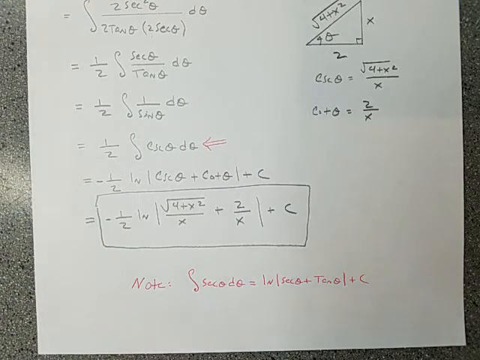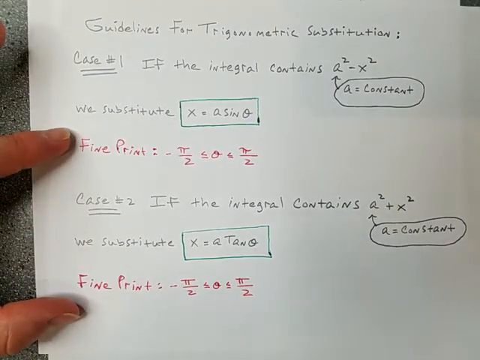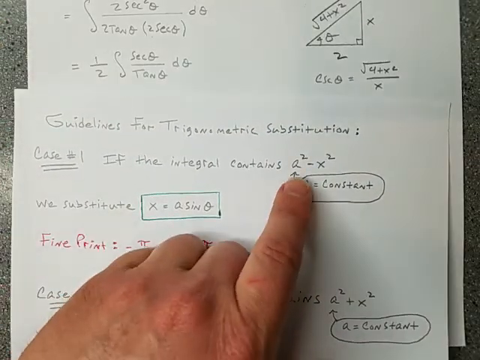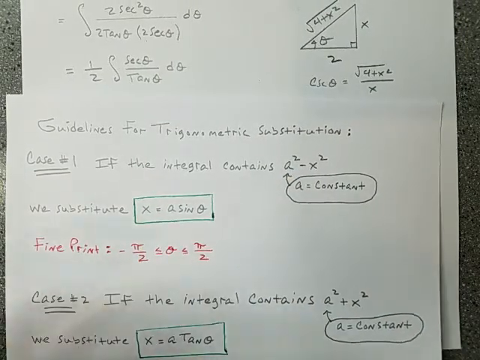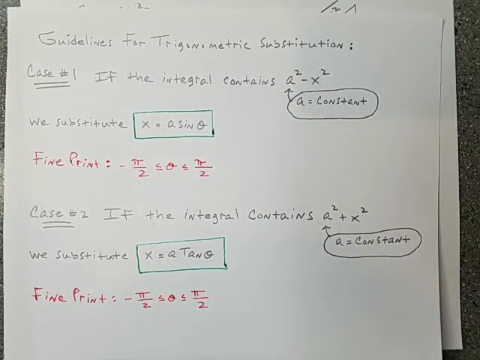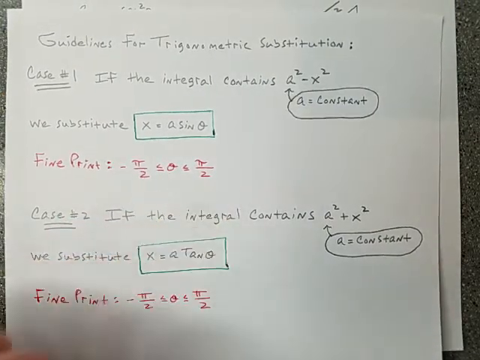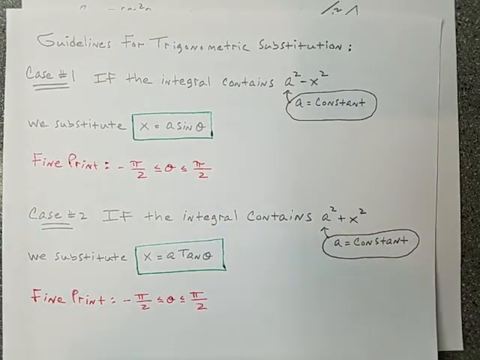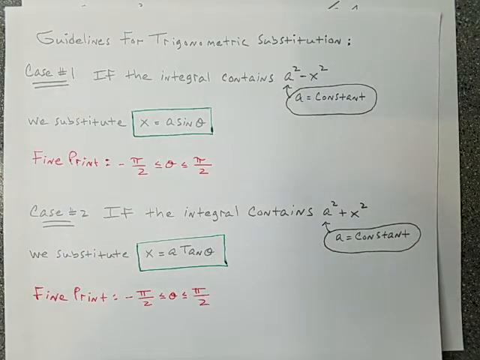And also, let's do one more thing. I didn't talk about the fine print. I just put the nature of the starting point and the substitution, and that's all I've talked about. I need to talk about the fine print a little bit. We have the fine print that we restrict the angles between -90 and 90 degrees, just so that the inverse of the trig function works out.